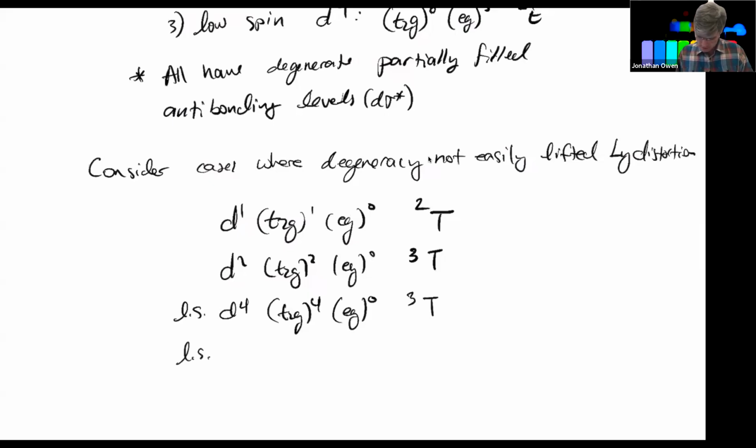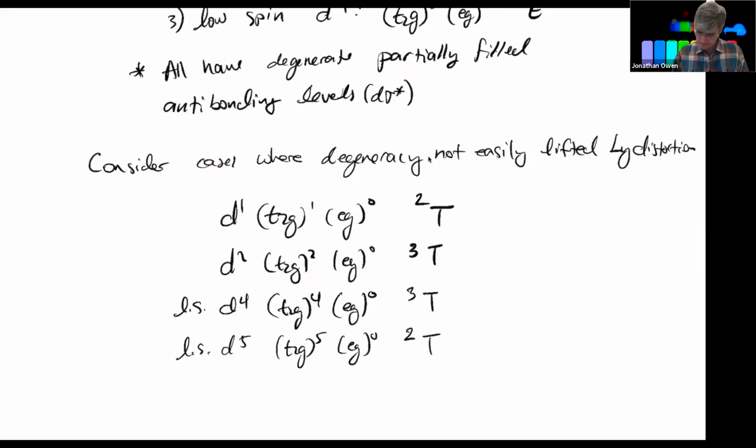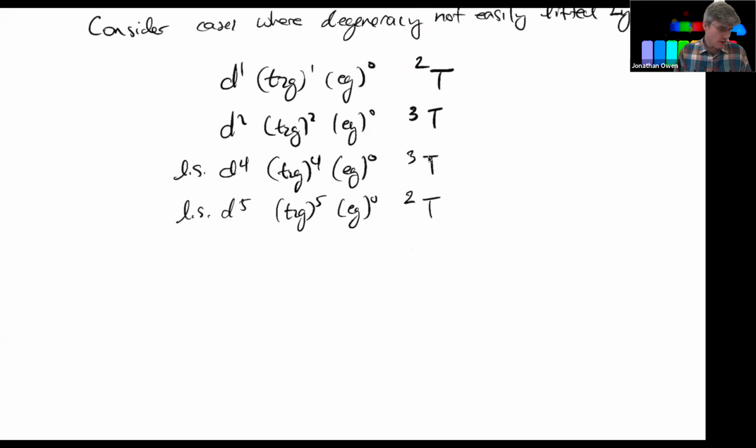Low spin d5, same situation: t2g5, eg0. How many unpaired spins? 1. So that's a doublet T. We have high spin d6: t2g4, eg2.